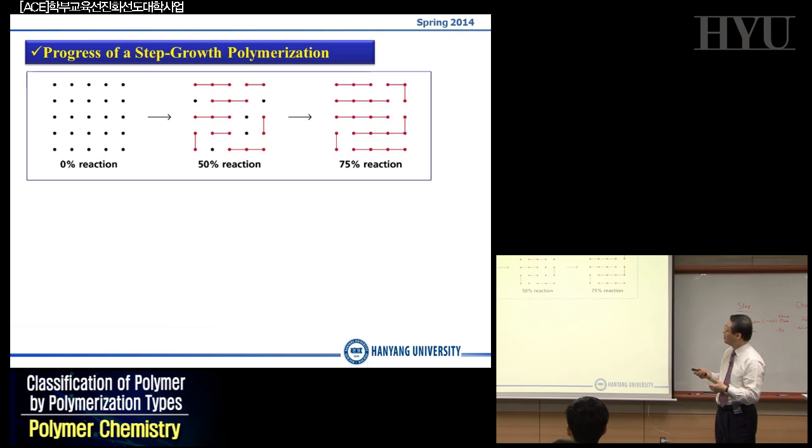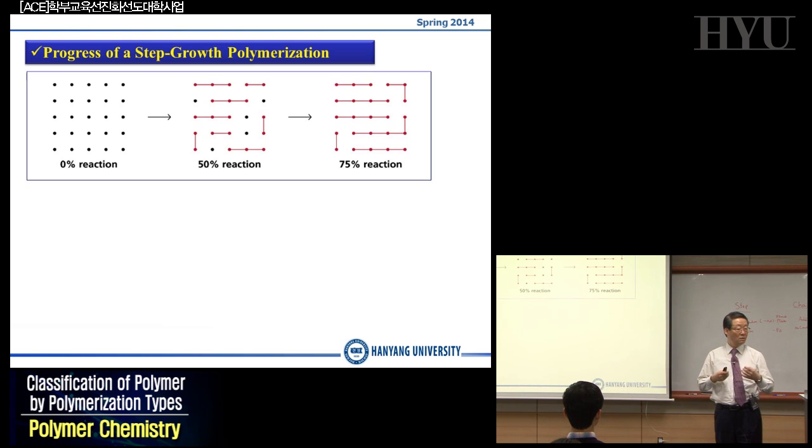So let's count how many molecules here. Tell me, how many molecules? Could be 12 or 13, right? We have 1, 2, 3, 4, 5, 6, 7, 8, 9, 10, 11, 12, 13.